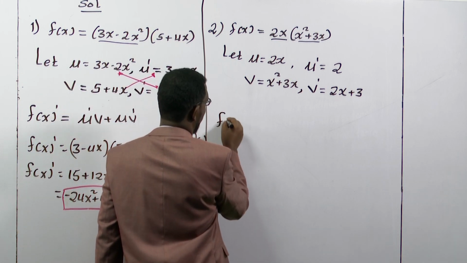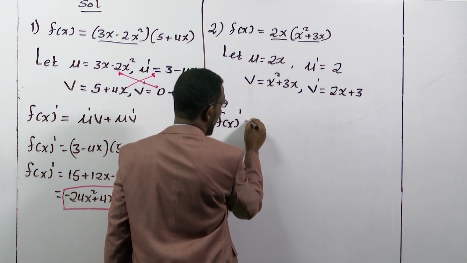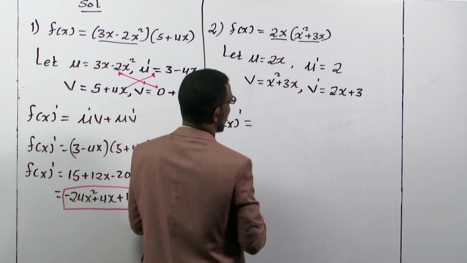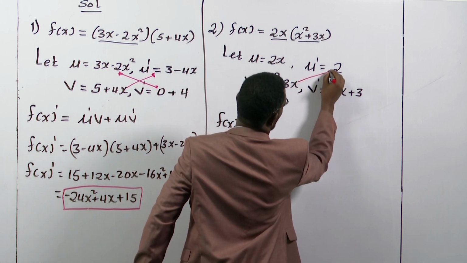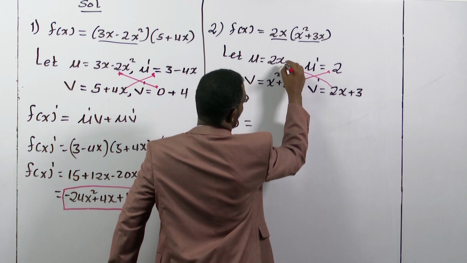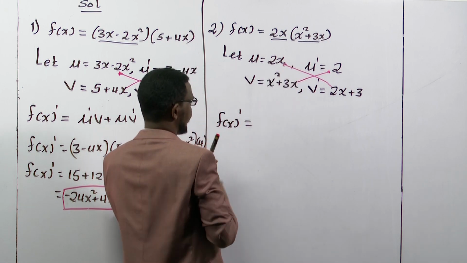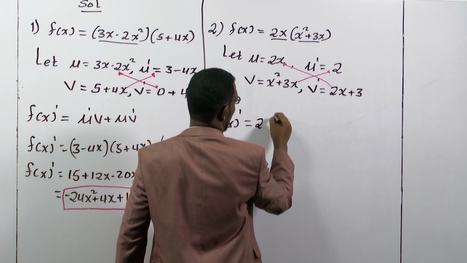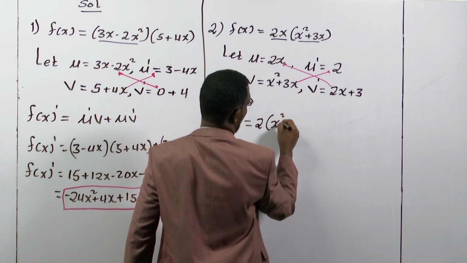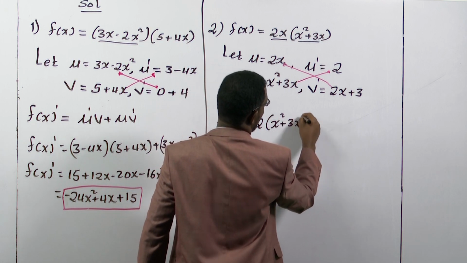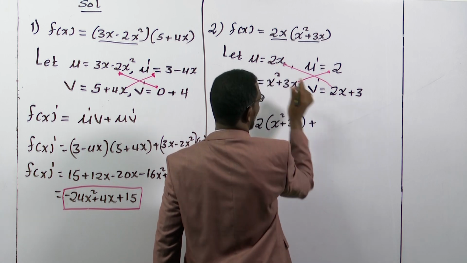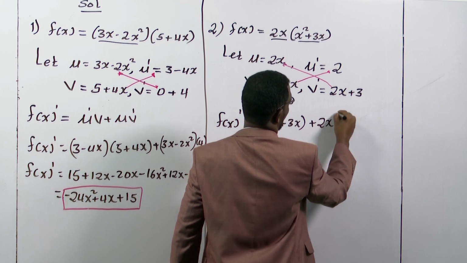If we use cross multiplication, we will get what? f(x) prime is equal to what? Multiply those two to those. Then 2 times x squared plus 3x, plus 2x plus 3 into 2x.